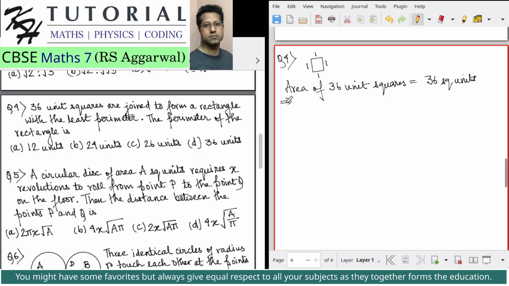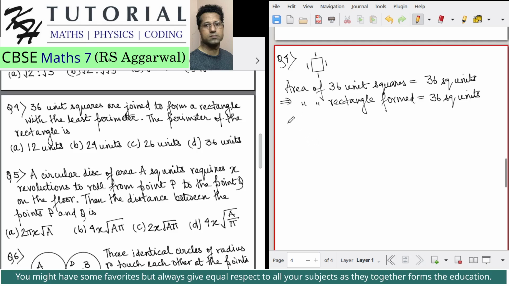So this implies area of rectangle formed will also be equal to 36 square units. Now we have to find the perimeter of the rectangle so that it is least. We have to choose the length and the breadth of the rectangle in such a way that the area will be 36 square units, but the perimeter will be least.